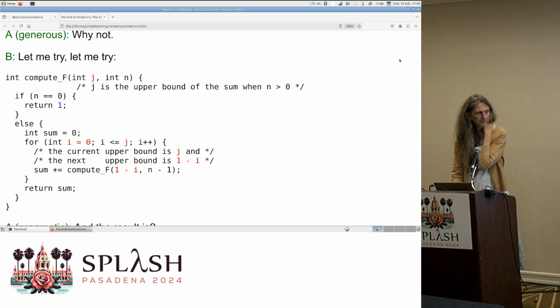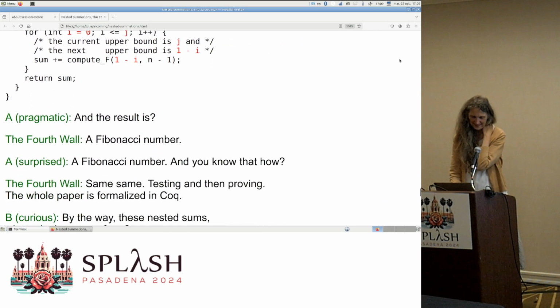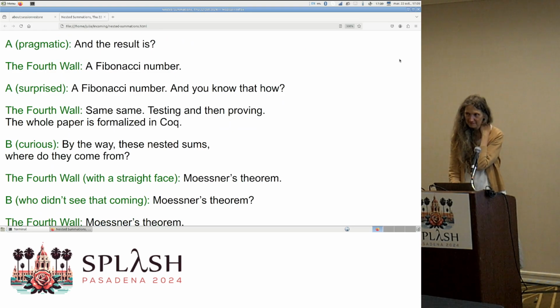For int i equals 0, i less than or equal to j, i plus plus, sum plus equals compute f of 1 minus i, n minus 1. Return sum. And the result is? A Fibonacci number. A Fibonacci number, and you know that how? Same. Testing and then proving. The whole paper is formalizing.